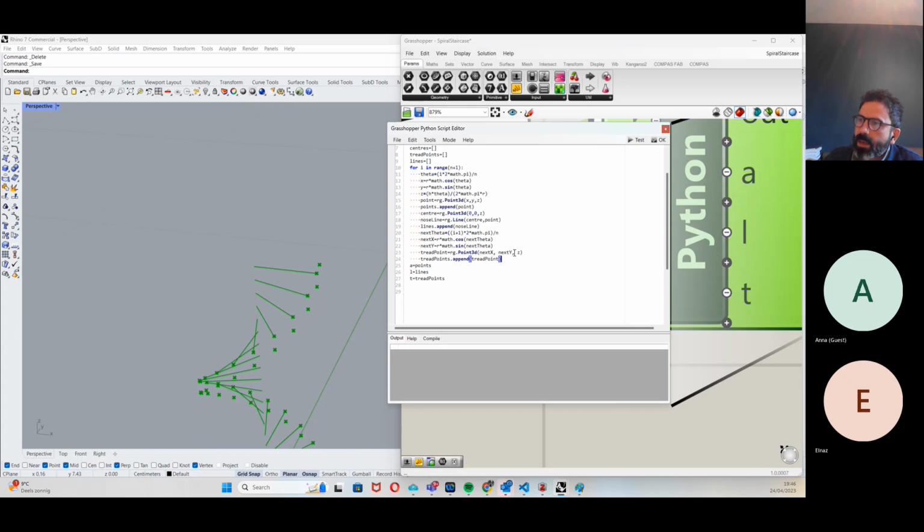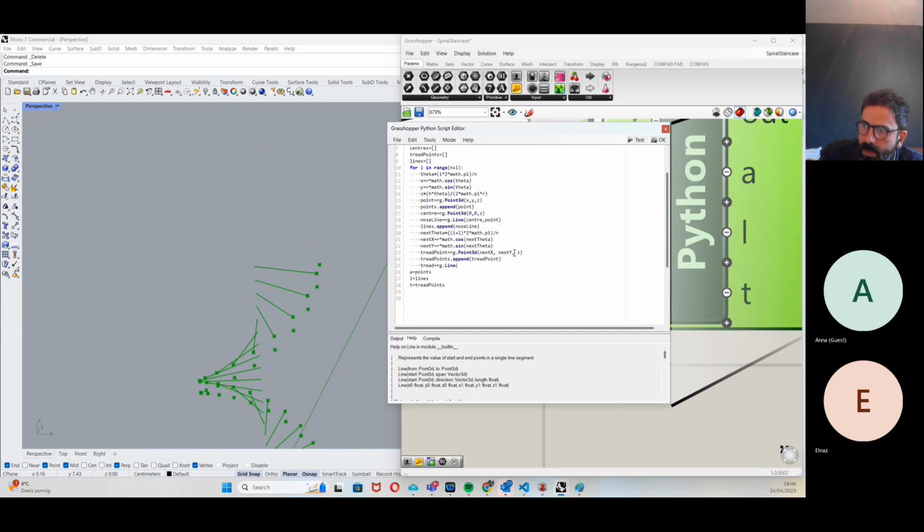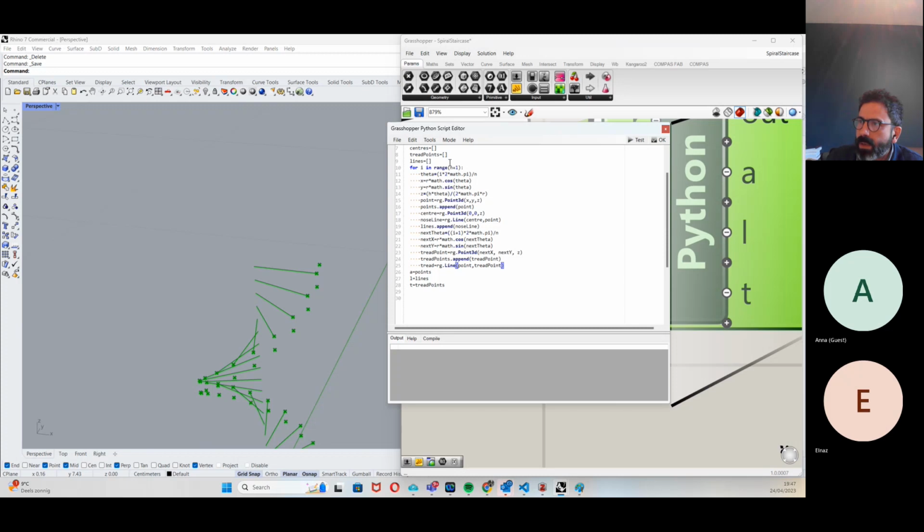And I'm going to make another line. Thread equals rg dot line from point to, sorry, thread point. Okay. Thread lines equals an empty list.